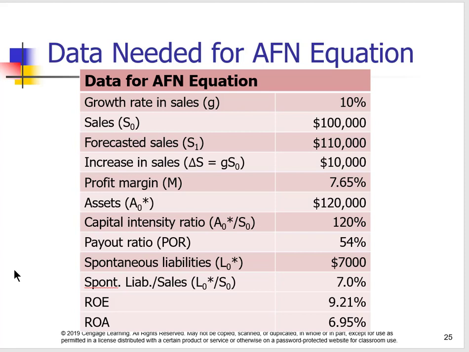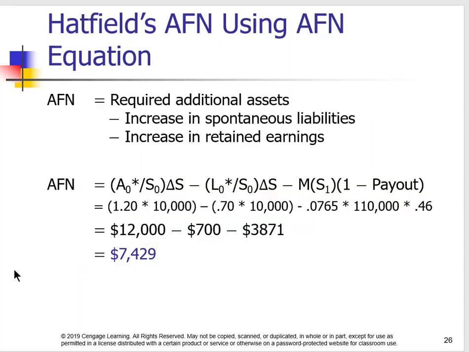So capital intensity is total assets divided by sales. That's 120%. Payout ratio 54%. We have spontaneous liabilities of 7,000. So 7,000 to sales is 7%. We know the return on equity here is 9.2. Return on assets 6.95.